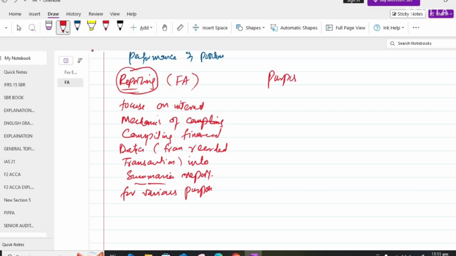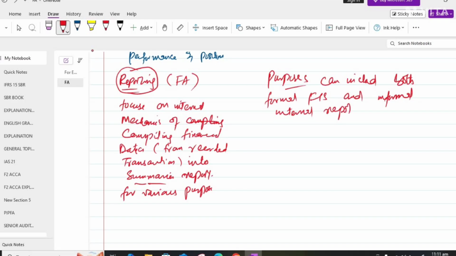The various purposes can include both formal, by formal we mean formal financial statements, and informal internal reports, for example management reports, budgets, etc. So this reporting that we have studied in the financial accounting definition is used for various purposes.